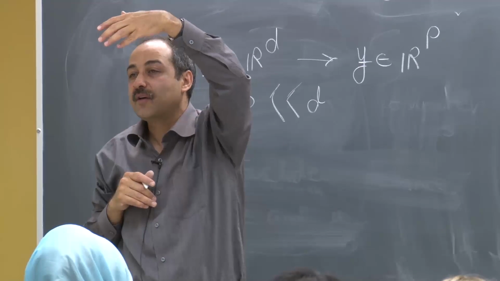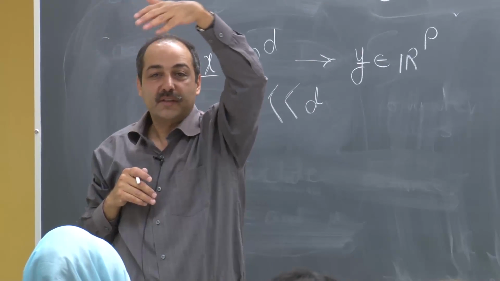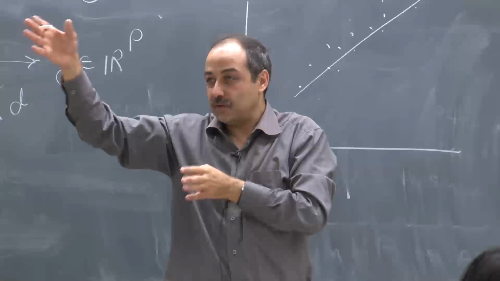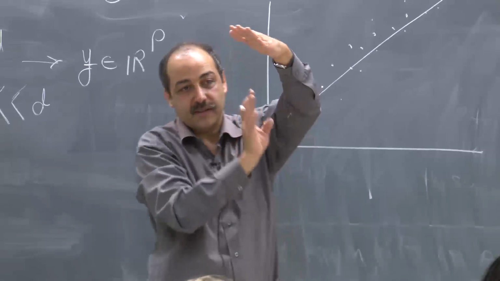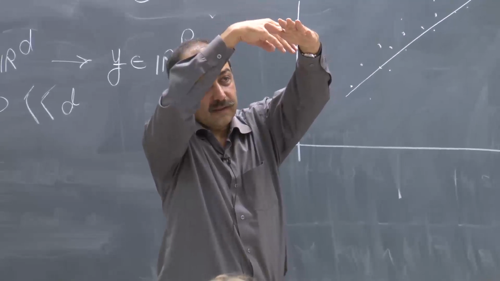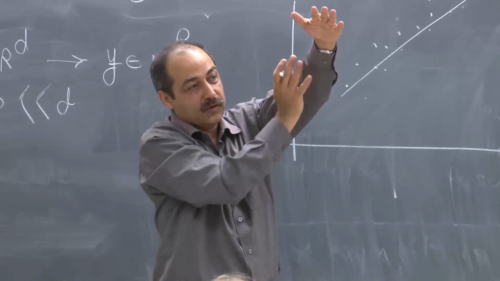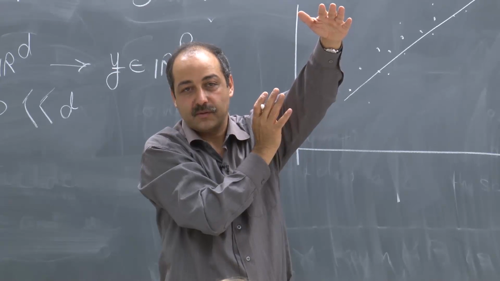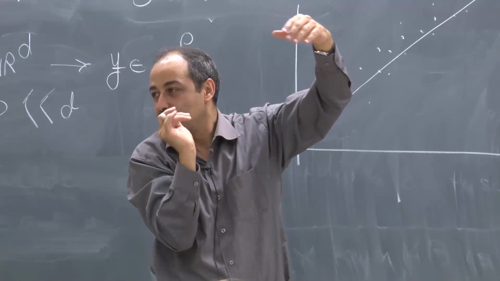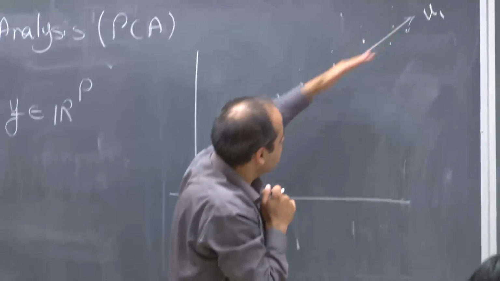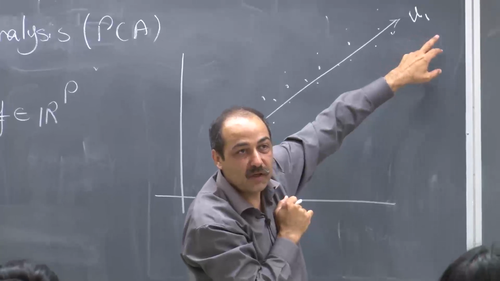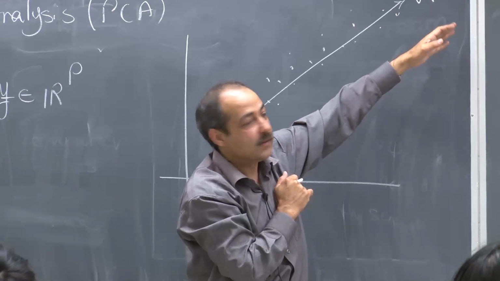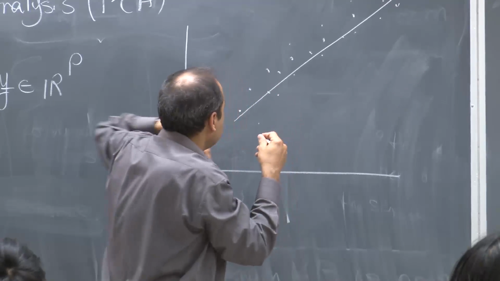That's identical to the geometric interpretation that I just gave you, looking for a subspace such that all of these points are on that subspace or close to it. They are the same. So I'm looking for a direction that captures maximum variation. I call it the first principal component, and in our notation, we show it by U.